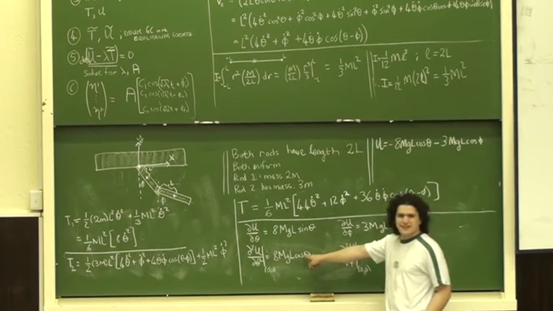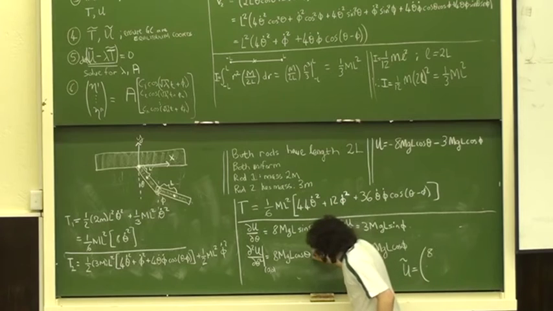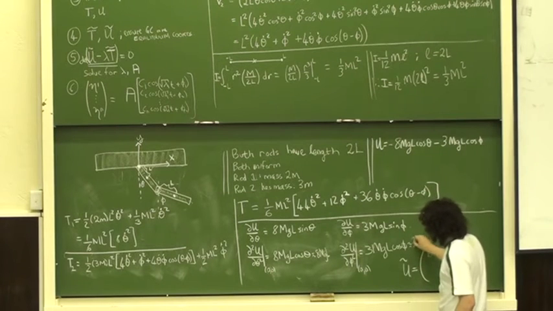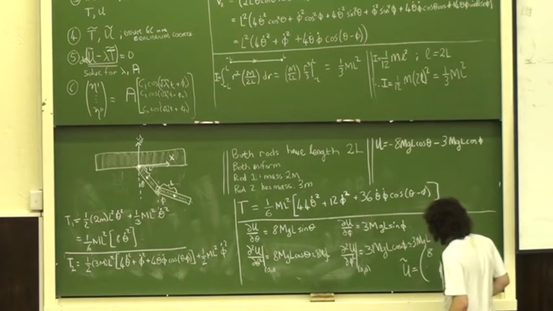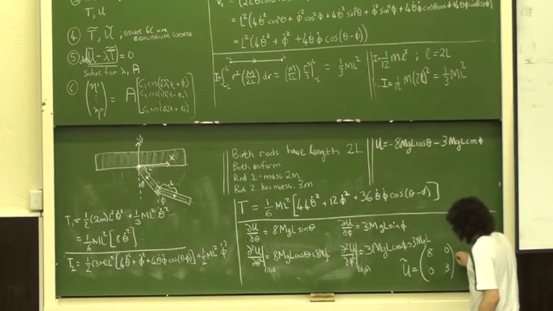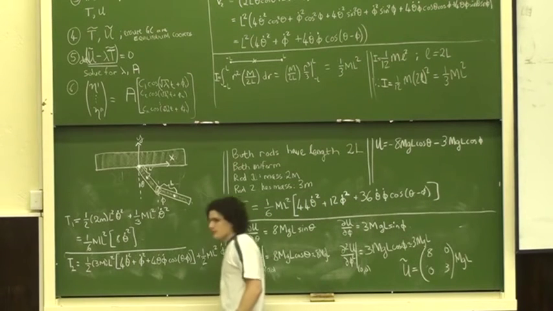What is cos theta with theta 0? 1. So this is just 8 mgl. And what is cos phi when phi is 0 again? 1, 3 mgl. So this just looks like 8, 0, 0, 3 mgl. There's my U tilde.